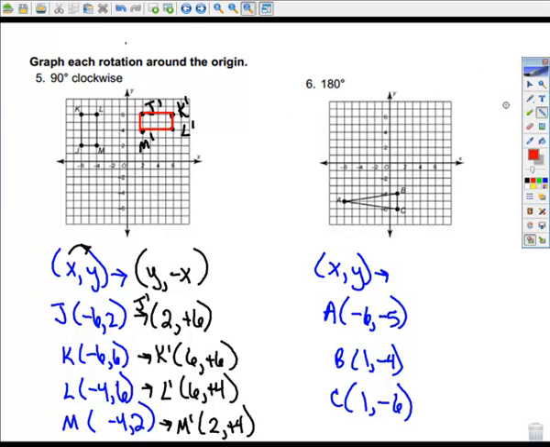So it has rotated clockwise. It's gone from here and it's rotated.